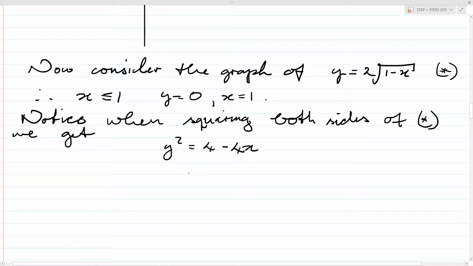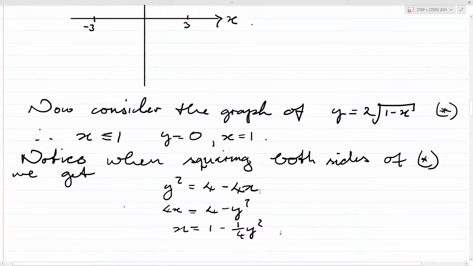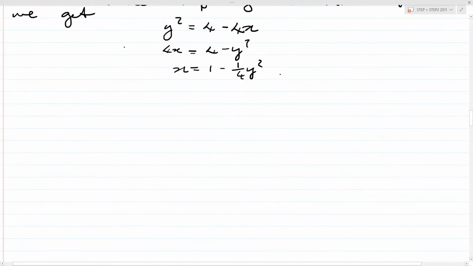We can rearrange this so that 4x is going to equal 4 minus y squared, and then we divide by 4, and we get that x equals 1 subtract 1/4 y squared. So if you think of it the other way around, x as a function of y, then what we're going to get is a parabola in y. So that corresponds to this graph here.